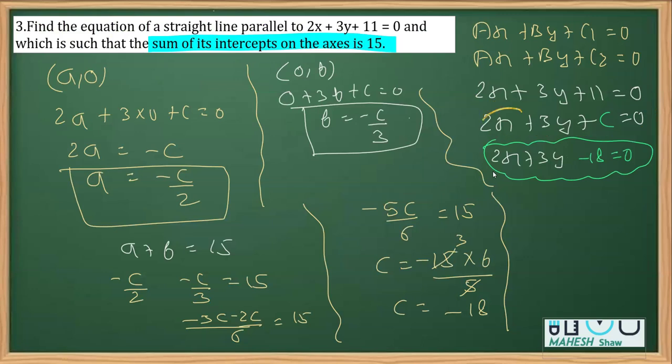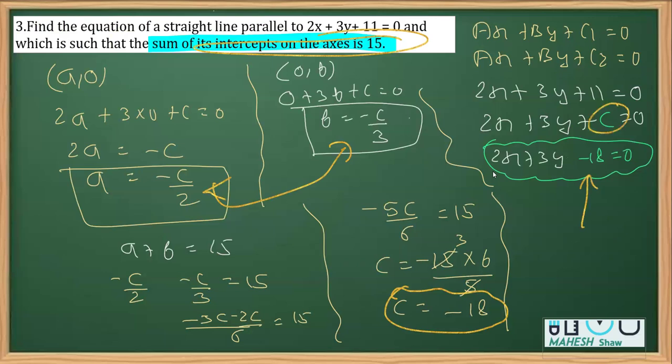By replacing x with 0, we got the y-intercept in terms of c, and with y as 0, we got the x-intercept. Once we got the x and y-intercepts, we used the relation that the sum of the intercepts is 15. So I replaced a and b in terms of c. That gives us the value of c. On replacing c in the original general equation, we got the required equation.